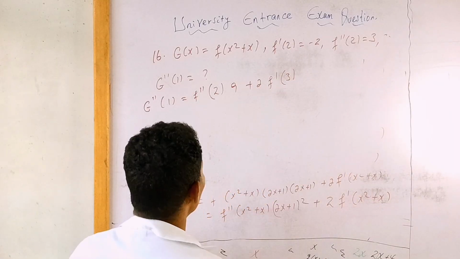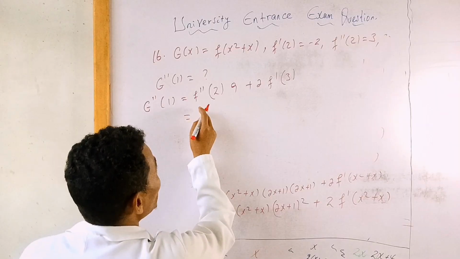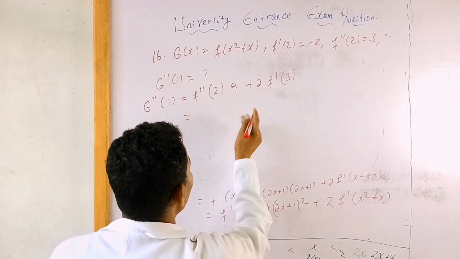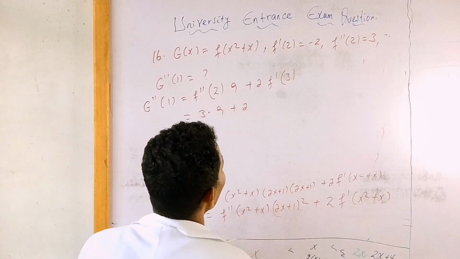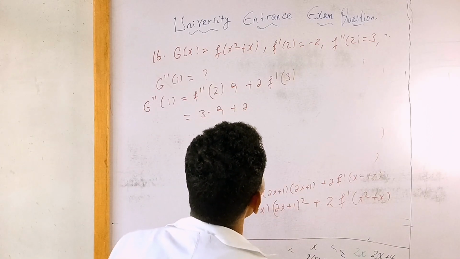So this is the same with f second derivative at 2 is 3 times 9 plus 2 f derivative at 3.